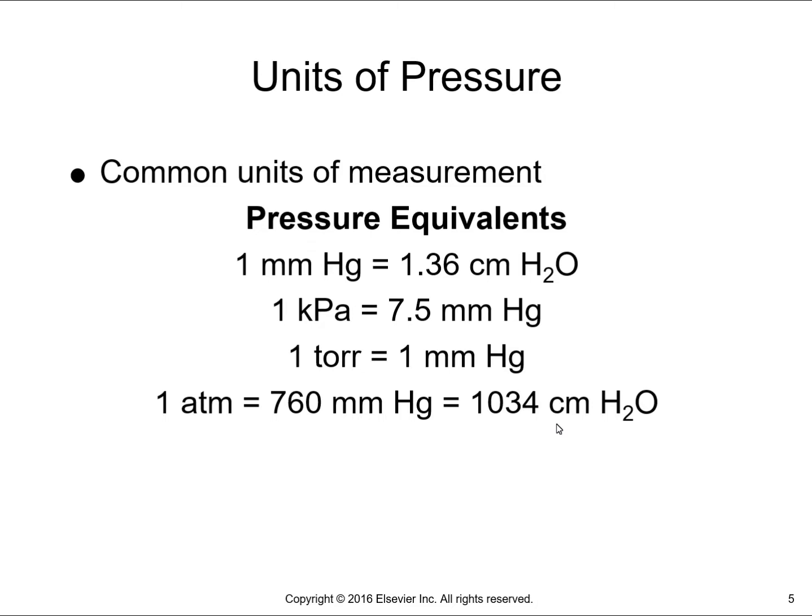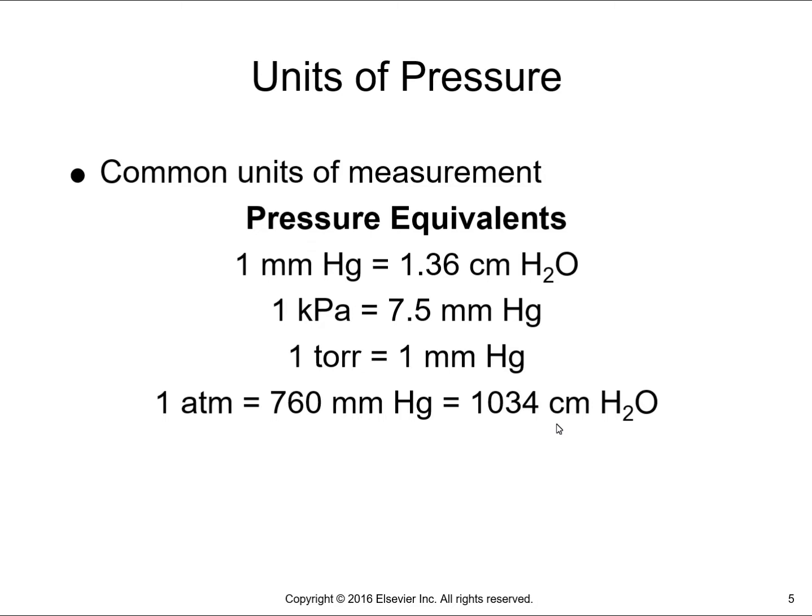Torr and millimeters of mercury are the same thing. Here are some pressure equivalents that you may not see as much, but they're there. Are you going to convert on the NBRC exam? I don't think so. Just remember 1 torr equals 1 millimeter of mercury. You have the kPa, which is a kilopascal, and one of those gives you 7.5.